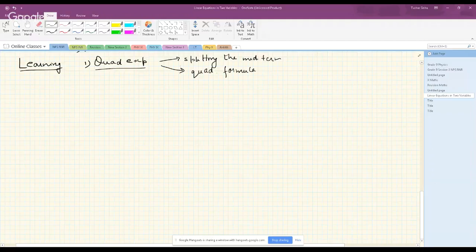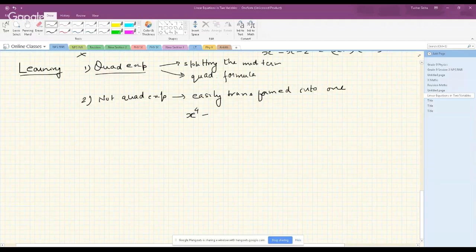If it is not a quadratic expression, many a times it can be converted. So the other type could be not a quadratic expression, but easily transformed into one. For example, if you have an expression like x to the power 4 minus 2x square plus 1. This is not a quadratic expression, but it can easily be transformed into one.